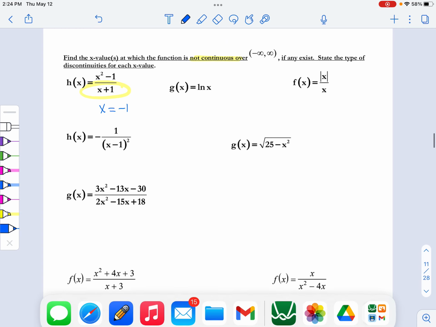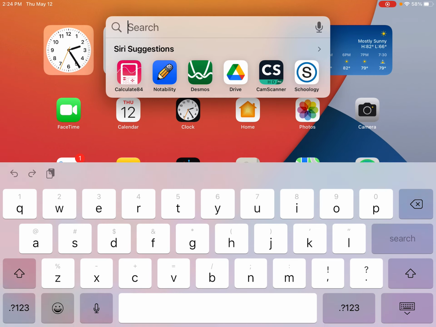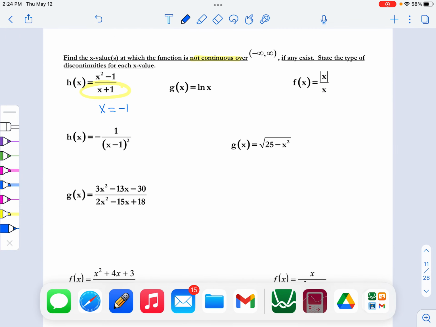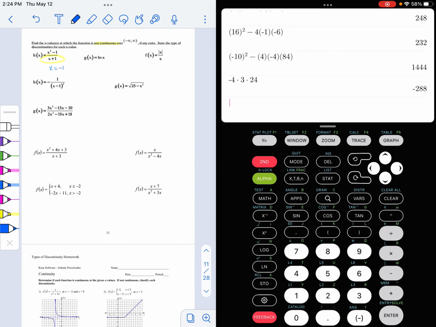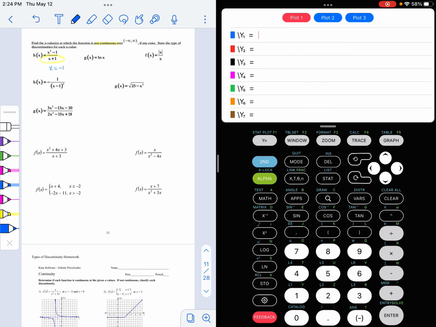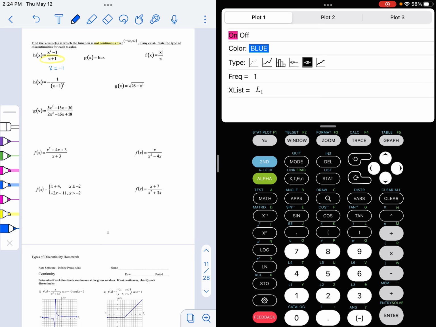When in doubt, natural log is a function you have not seen in a very long time. So let's pull up our graphing calculator. And let's see what that natural log graph looks like. So if I go to y equals, and I click my natural log of x, and I graph this. I have to turn my plots off, I'm sorry.